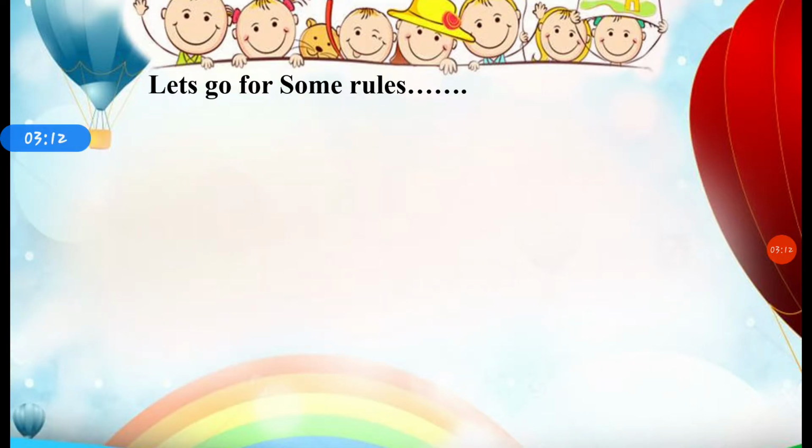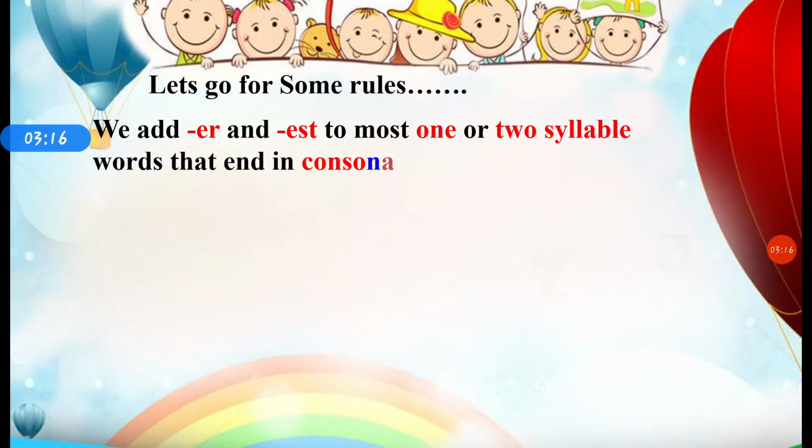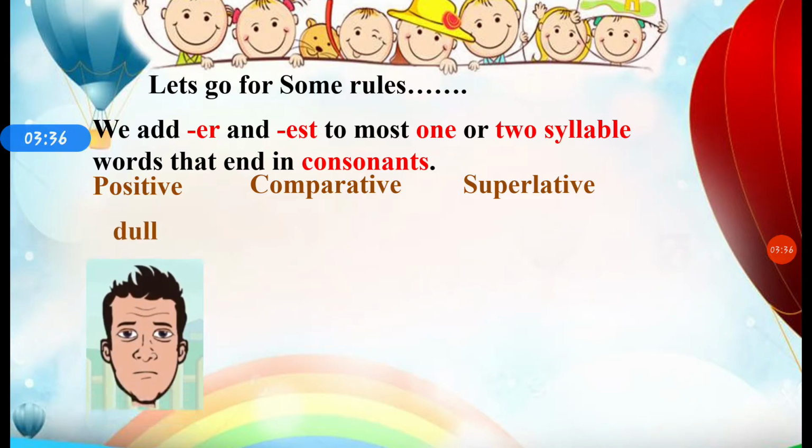Let's see some rules. We add er and est to most one or two syllable words that end in consonants. That means the word ends with a consonant. We add er and est to these words, or you can say these adjectives. For example, see this adjective here: dull.